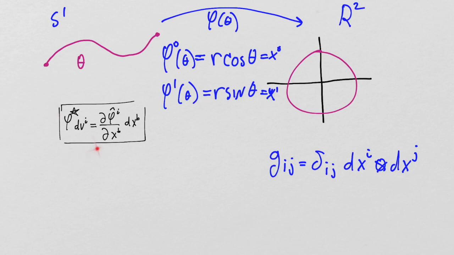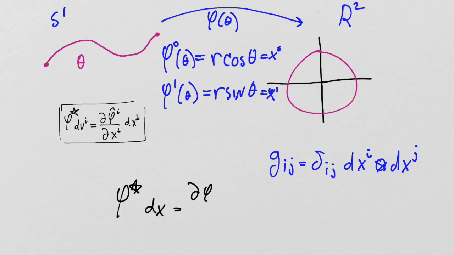Well, the way that we do it is we do this formula, right? So the way this formula is going to execute itself is I want to say that the pullback of dx^i equals the partial derivative of phi. Let's say the pullback, I need to do this one by one, right?